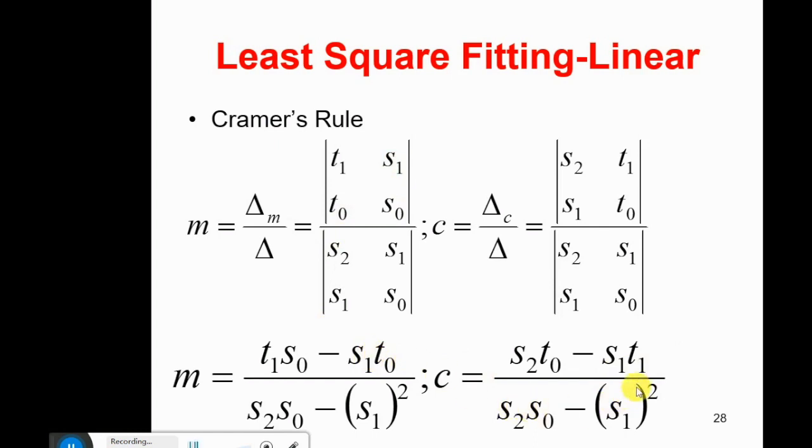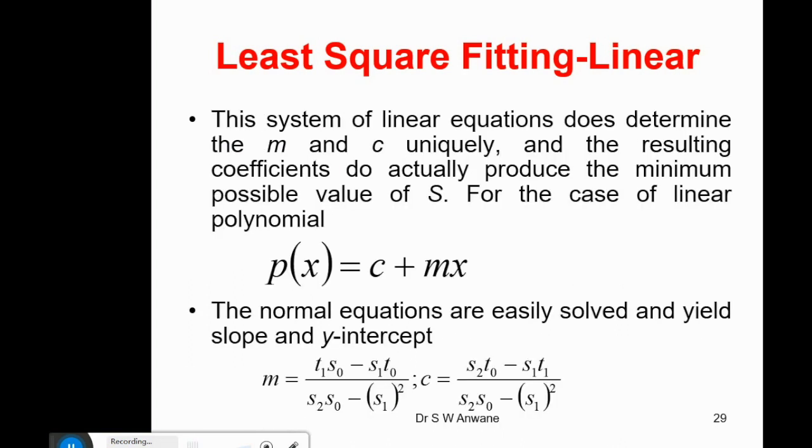So this is how we have worked out M and C in the form of S and T, which are generated from the data points. Now friends, we have to fit it into a polynomial, which is y equal to mx plus c. Now instead of y, we can write a linear polynomial p of x.